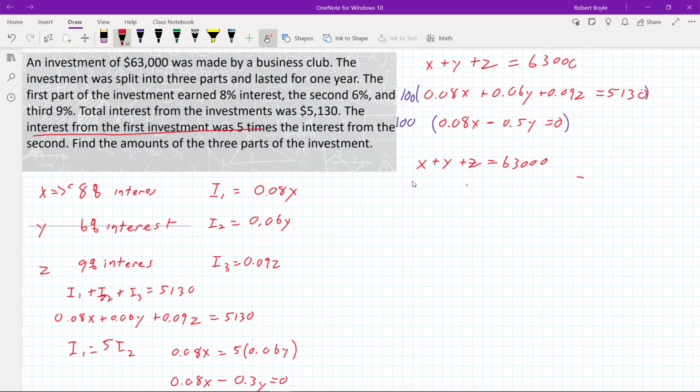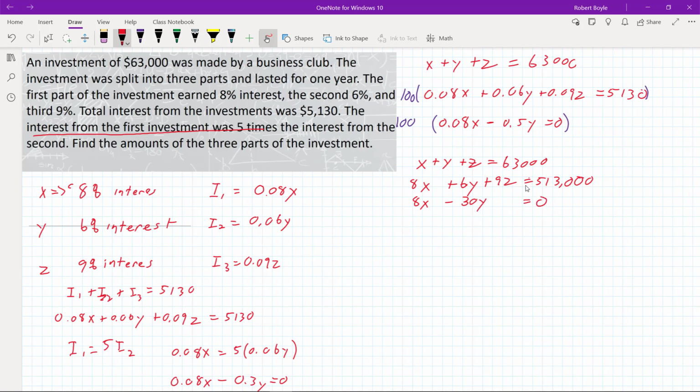And then our next equation will become 8x plus 6y plus 9z is equal to 513,000. And then finally over here we will have that 8x minus 30y is equal to 0.